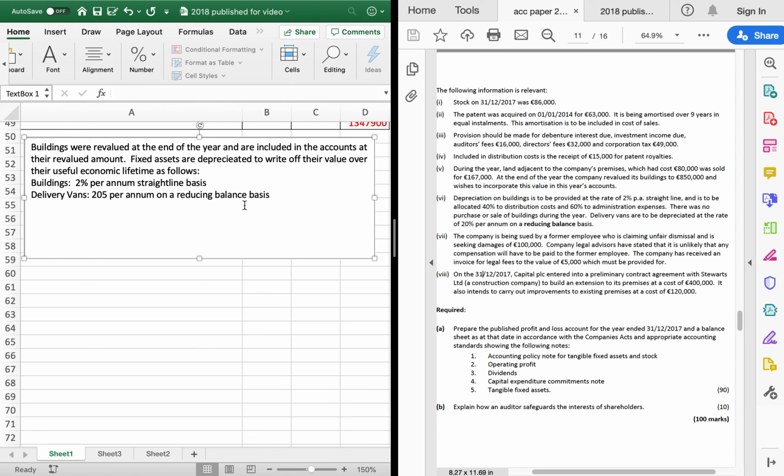That's fixed assets. Stock doesn't tell you what we're doing with stock, but all stock in accounting is valued on a first in first out basis.